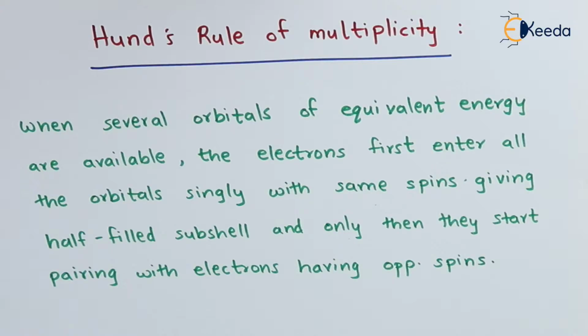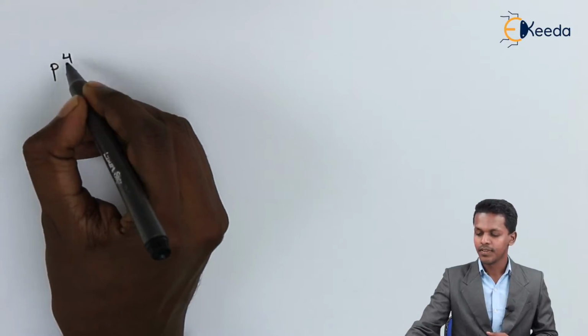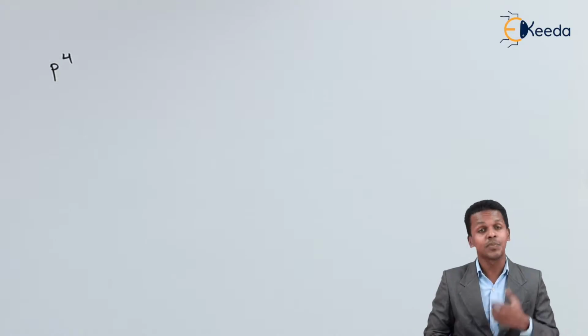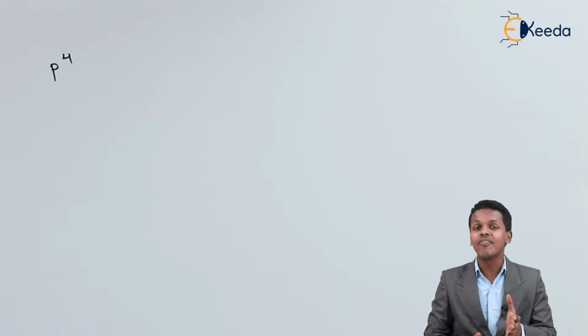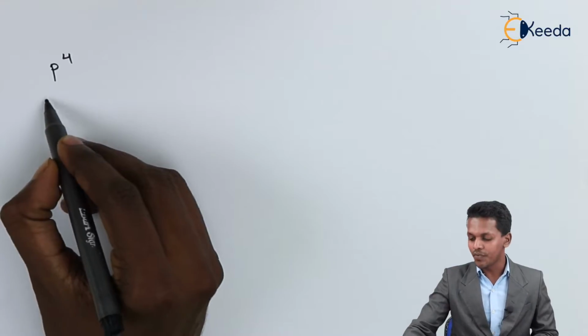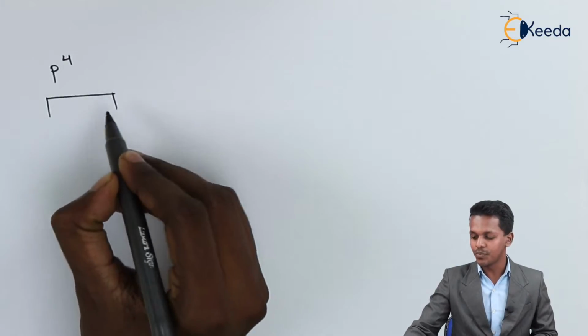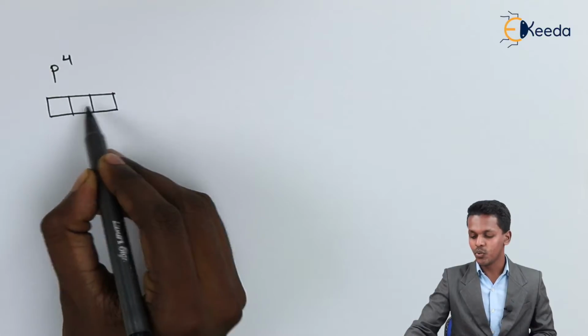Suppose, friends, we have an orbital having 4 electrons in it, and the orbital I am talking about is the p orbital. So how can we fill the orbitals? The p subshell consists of 3 orbitals, as we know: 1, 2, 3.